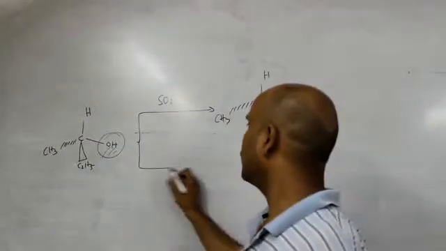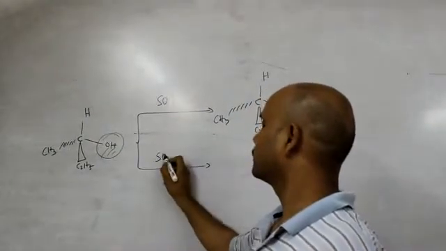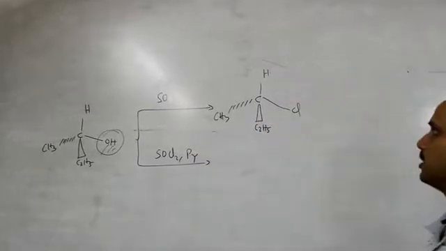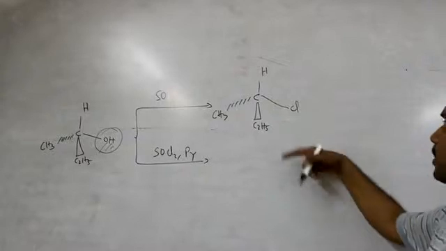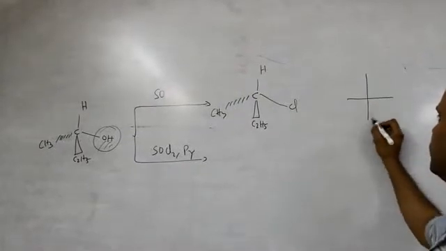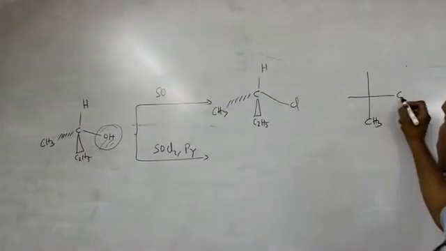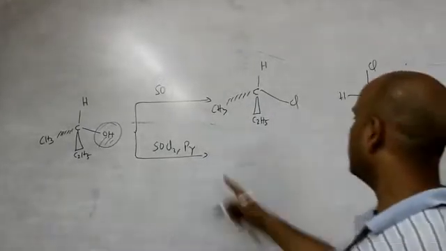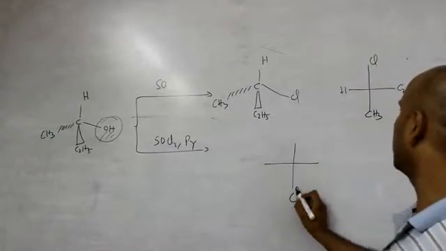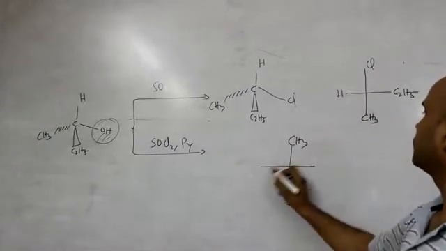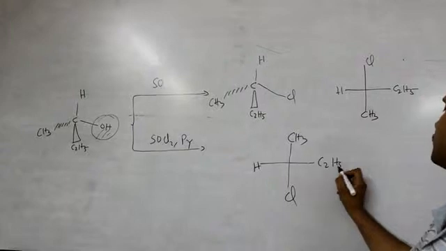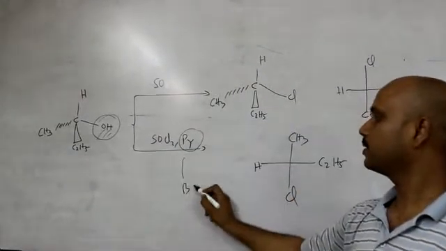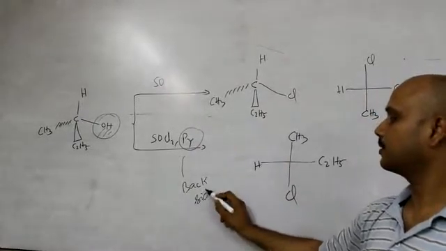But when it reacts with pyridine, it means that the position of Cl, if you draw the physical connection of this, you will find this is CH3, now C2H5, Cl and H. In the case of pyridine, it will be just opposite. Cl will come here, CH3, H. In the case of pyridine, we have backside attack.